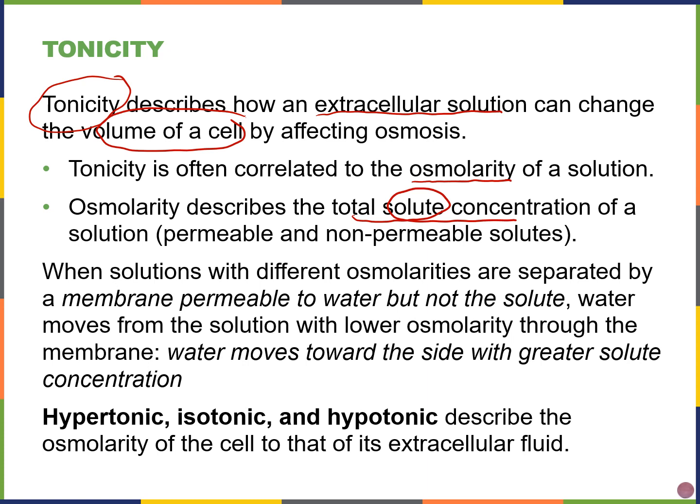When we're looking at osmosis and water movement, though, it's really the non-permeable solutes that can't cross the membrane that impact the water movement. So remember, water is always going to be moving towards the side with greater solute concentration. In the next few slides, we're going to look at different types of solute concentrations and environments, including hypertonic, isotonic, and hypotonic, looking at the osmolarity of the environment compared to the cell.